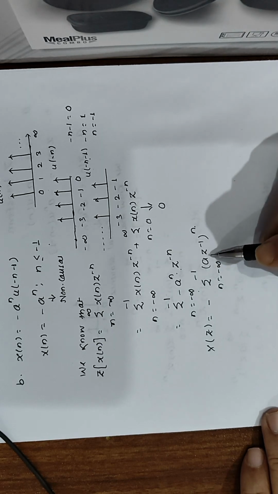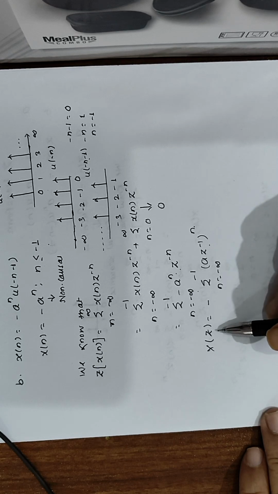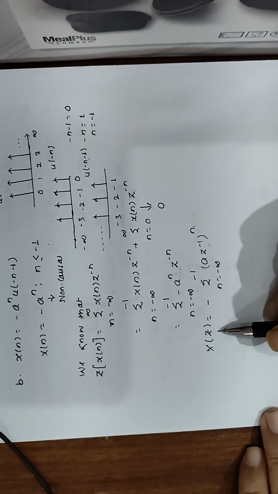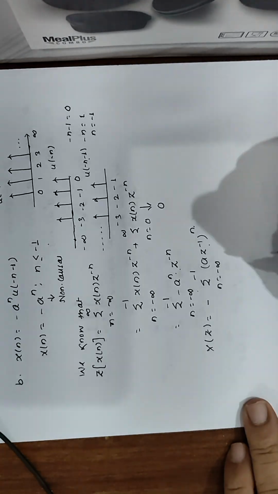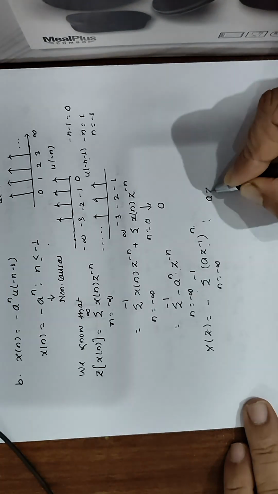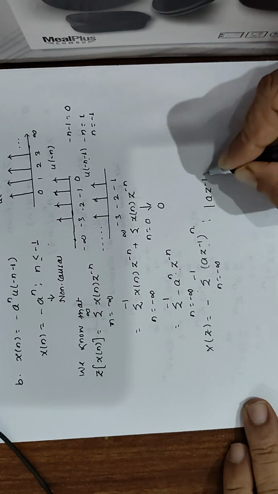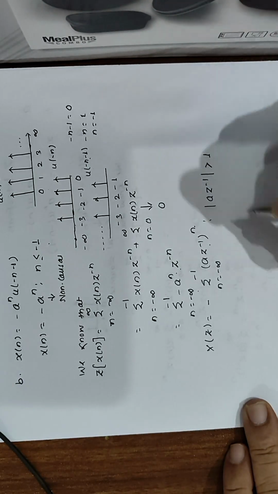Now we have to substitute the value of a z inverse in such a way that x of z must be convergent, or I can say this x of z must be finite. This is only possible if the mod of a z inverse becomes greater than 1.